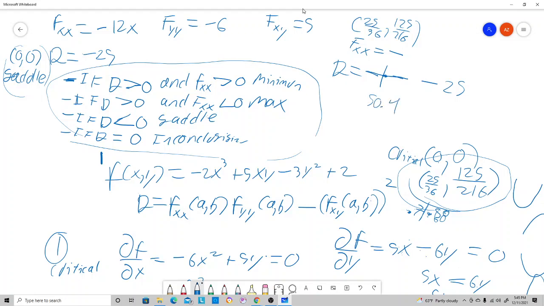Now if we subtract it, our determinant is going to be a positive number. That means this is a maximum. Perfect. So we have a saddle and we have a maximum in this function.